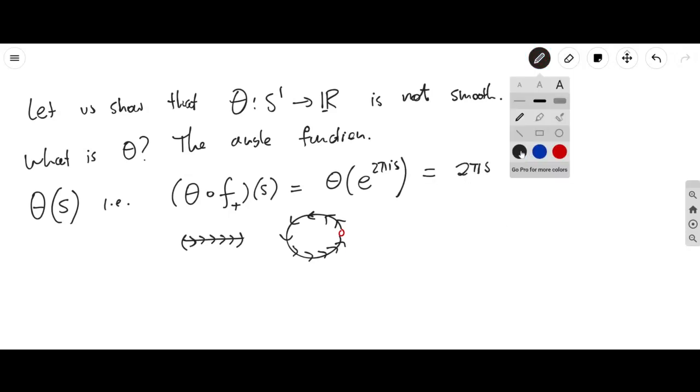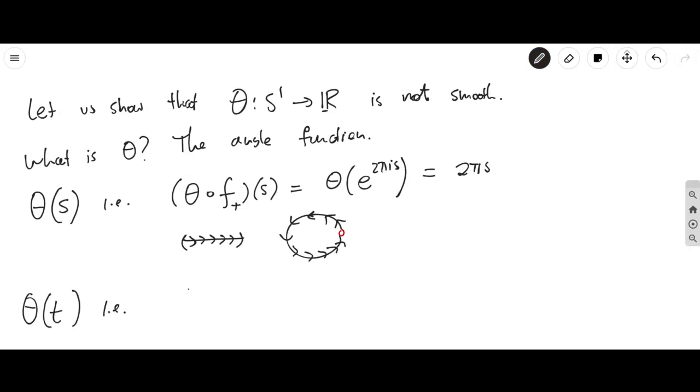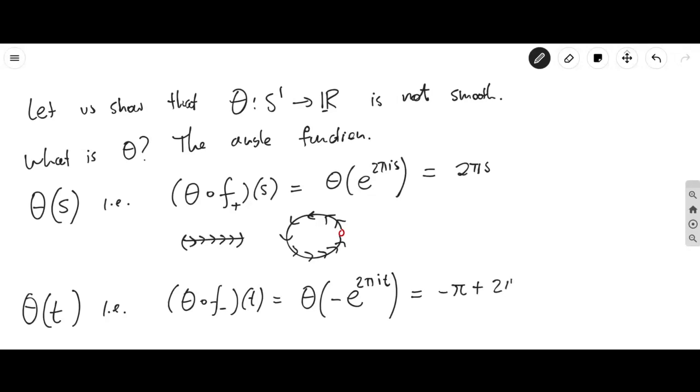But what about the other one? What about theta written in terms of the t-coordinate? In other words, what we really mean is when we use the other chart, so this would be the angle function of negative e to the 2 pi i t. If you think about it, this would be negative pi plus 2 pi t.